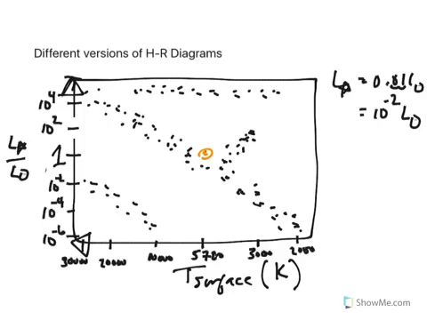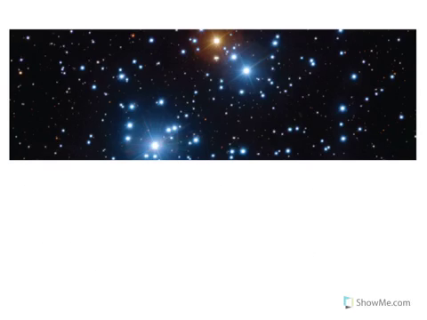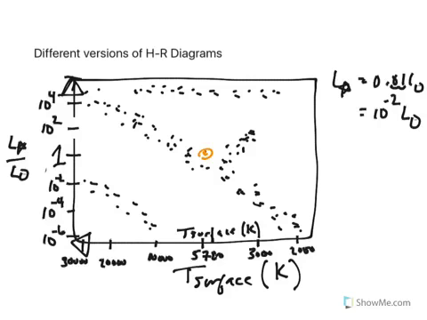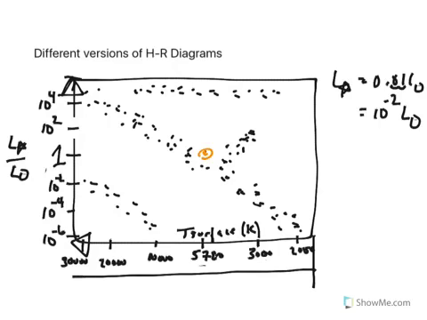Now, instead of comparing the luminosity of the star compared to the surface temperature, we could instead change the horizontal axis and compare the luminosity of the star to the color of the star. After all, when we see in this image from your textbook, we see that stars come in different colors. So instead of temperature, let's add another axis and compare the luminosity of the star to the color of the star.